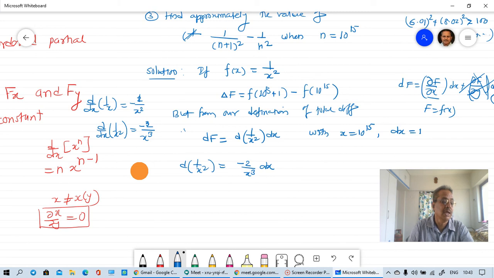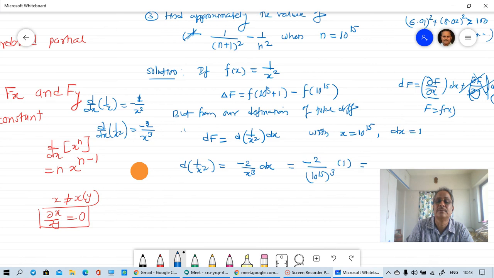And therefore, since our x is equal to n, the form of the function is this x square. So n is equal to 10 raised to 15. So this is minus 2 upon 10 raised to 15 that raised to 3 into dx, which is 1.